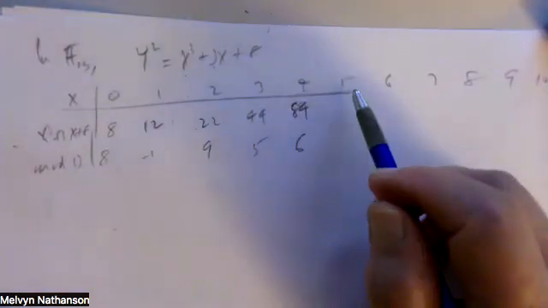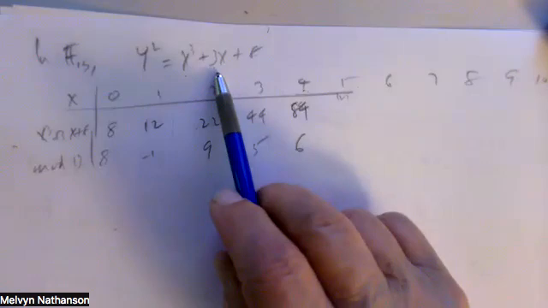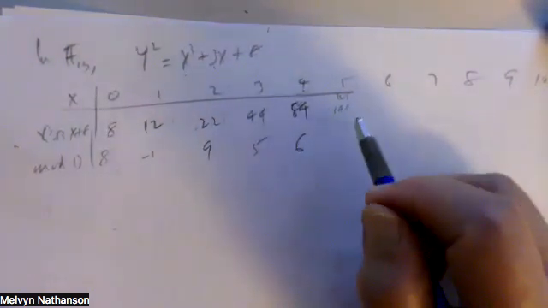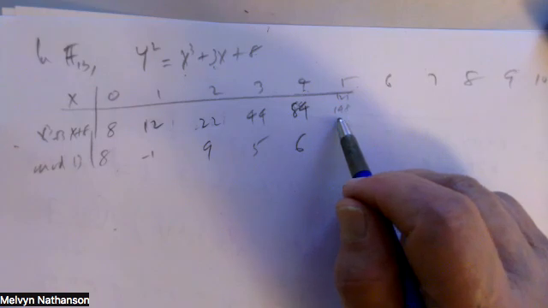So this is 6. When x is 5, you get 125 plus 15 plus 8. That's 148. Mod 13, 130. Yeah, well, that's also 5.